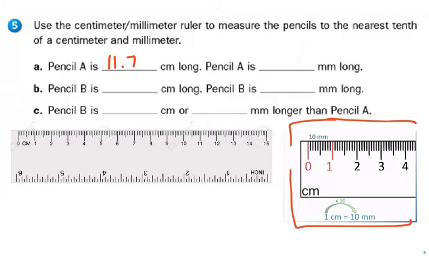So on my ruler, it would have been right there. Started here. How many millimeters is that? Each one of these is 10. So 10, 20, 30, 40, 50, 60, 70, 80, 90, 100, 110, 111, 112, 113, 114, 115, 116, 117. So 11 7/10 centimeters is the same thing as 117 millimeters.